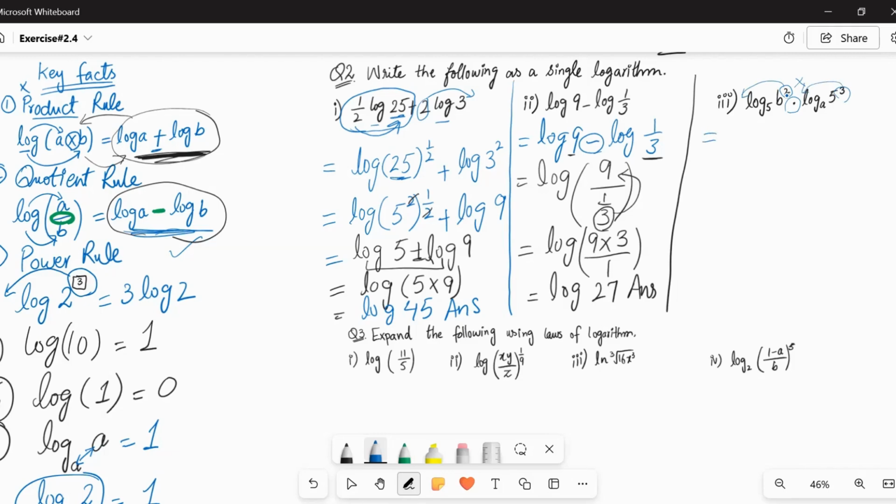So we will write it like this: ये 2 पहले आ जाएगा log से, log with base 5, और यहाँ पे हमारे पास b, and dot means multiply, और ये वाला 3 भी पहले शिफ्ट हो जाएगा, and we will write it like this log base a 5, right. Now 3 and 2 will multiply each other and it will become 2 3s are 6, right? यहाँ पे 2 3s are 6 हो जाएगा.